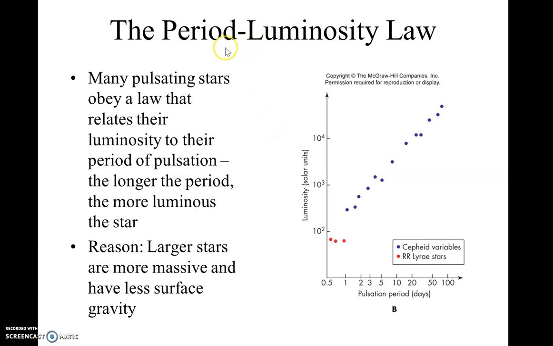There's a relationship between the period of a variable star and its luminosity. And of course, we're talking about the absolute luminosity, right? Not the luminosity because it's closer or further away. It has nothing to do with that.